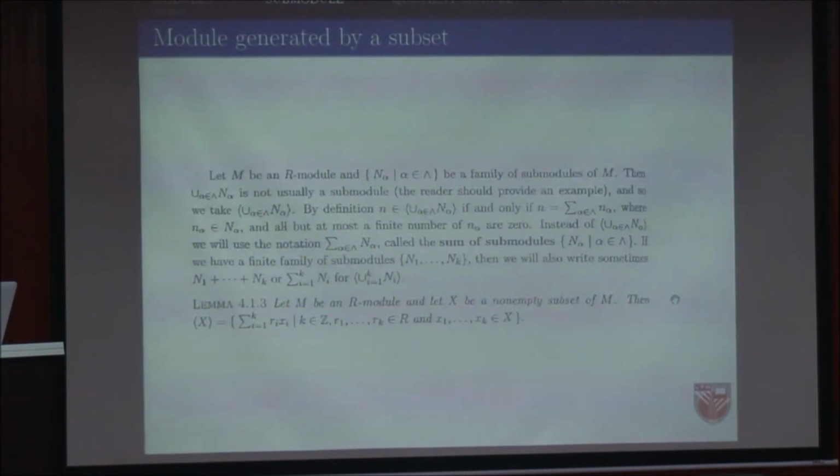By the way, this is a description of generation by X. Like in the group's case, these are finite summations: summation of r times elements of X, because you cannot take infinitely many summands.